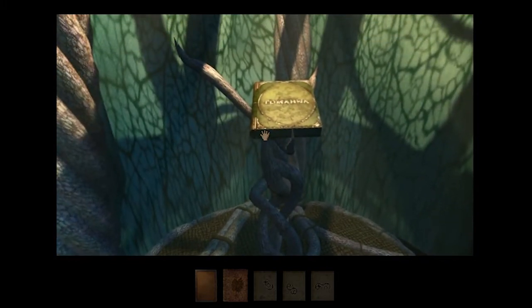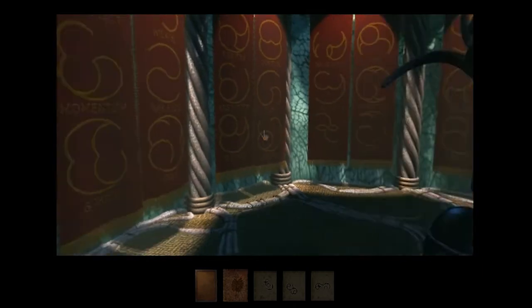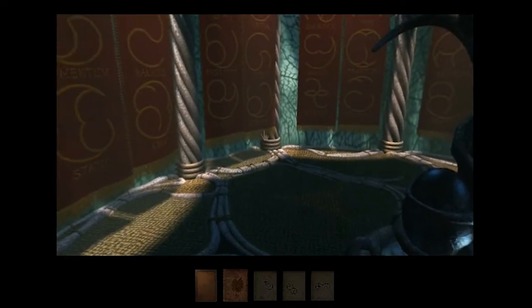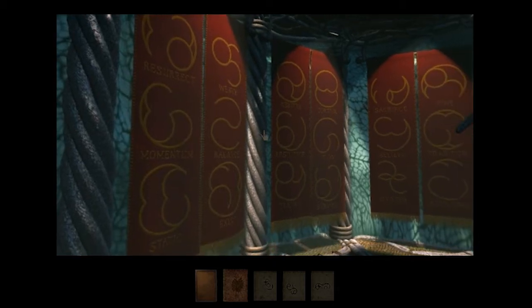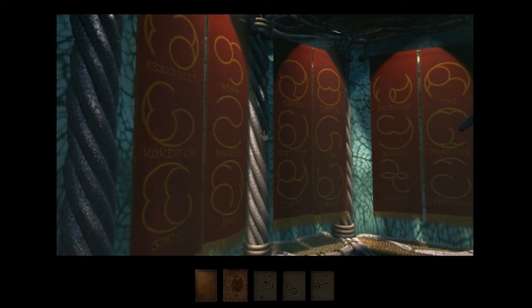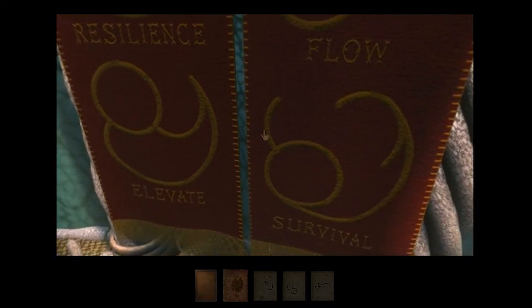Oh. Really? There's a book back to Tamana? And this is another chamber. This probably has the last of them. Okay, so we need balance. There's balance. Balance looks like a big S. Balance. Systems. So even if Savedro tried guessing at the words, he didn't have all the symbols.